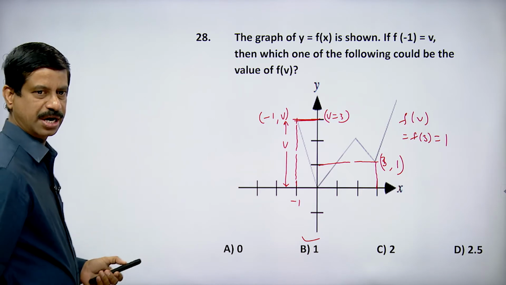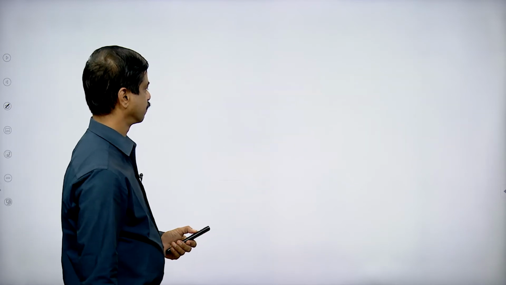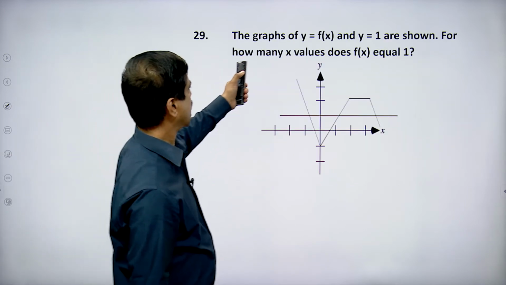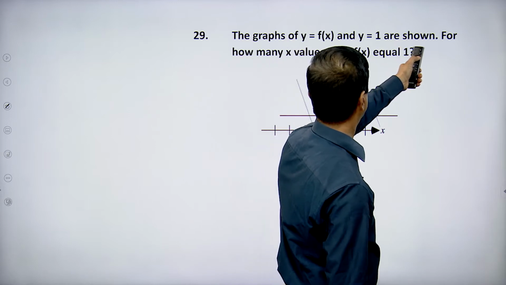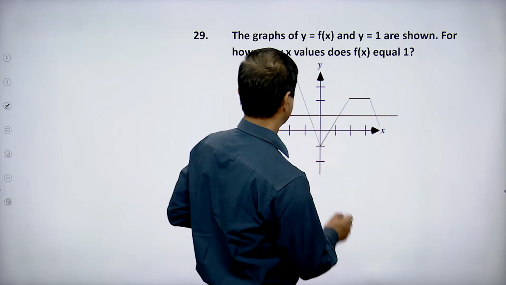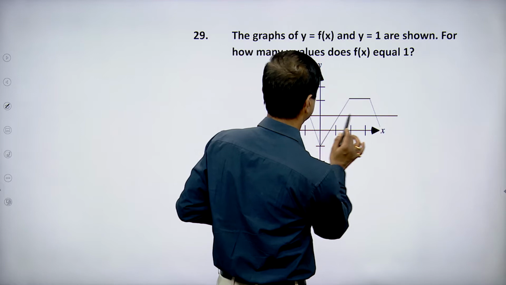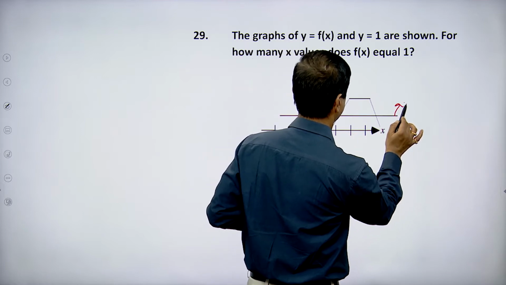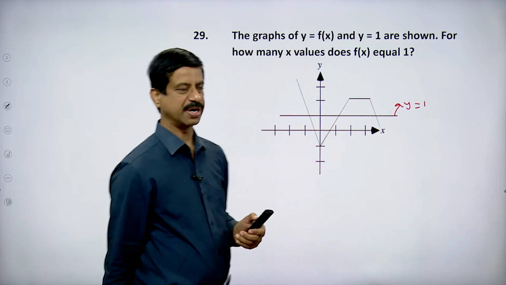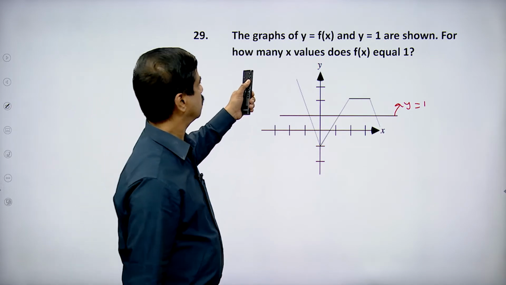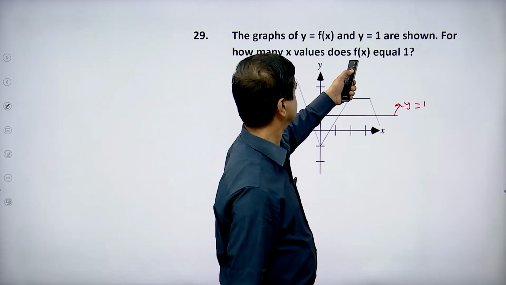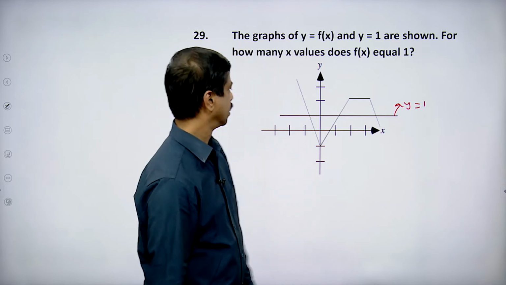Right. So let us go to the next question. The graphs of f of x and y equal to 1 are shown. y equal to 1 means this line. This is y equal to 1. Okay, that is y equal to 1. How many x values does f of x equal to 1?